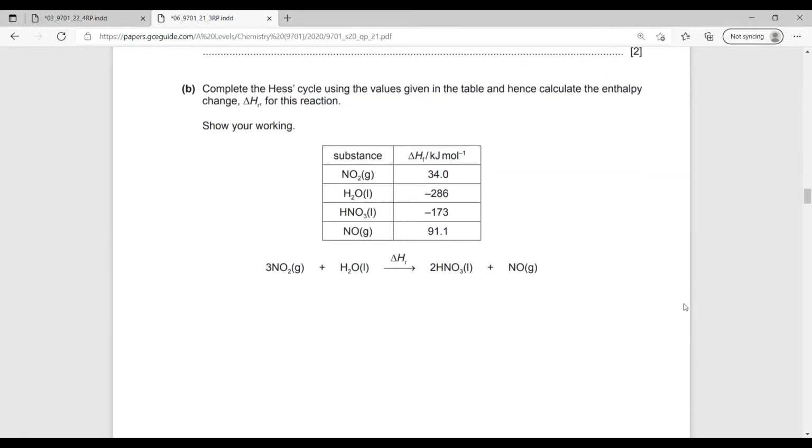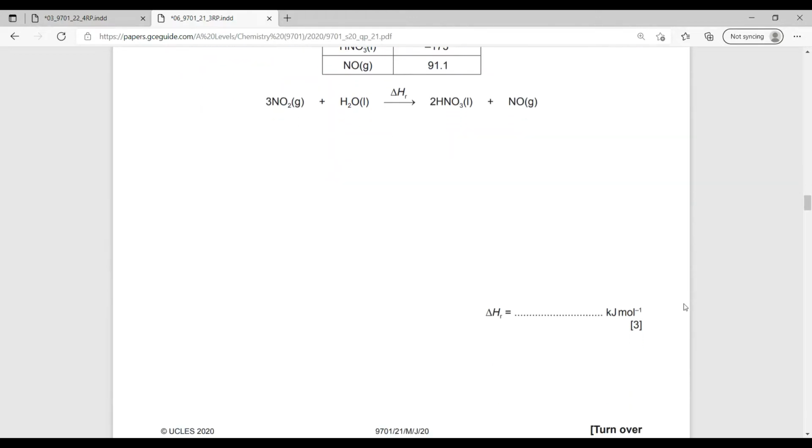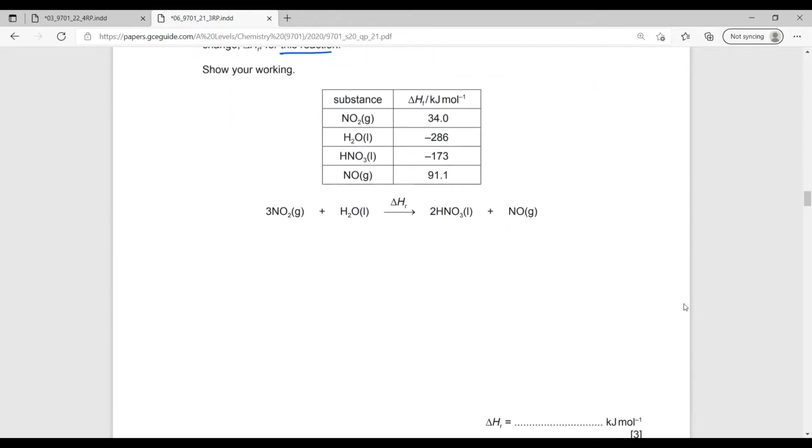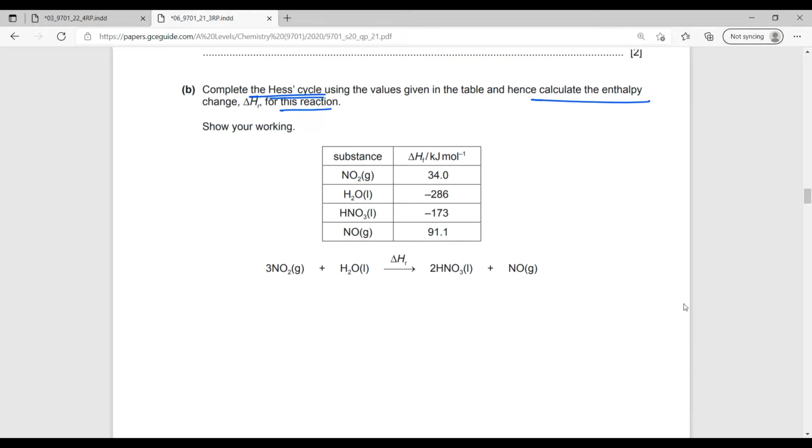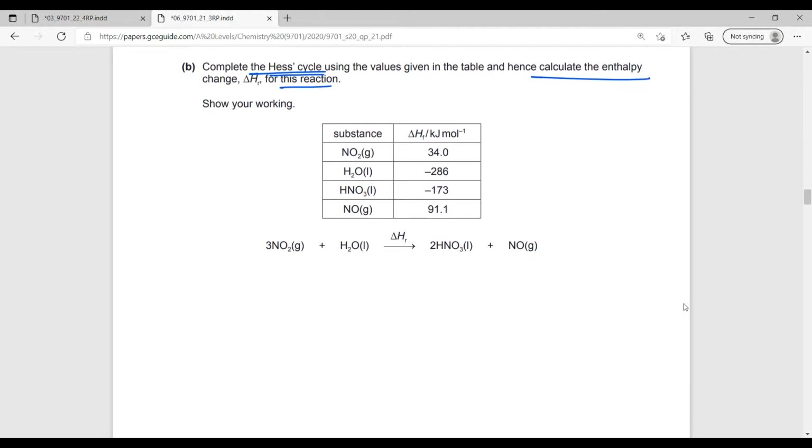Complete the Hess cycle using the given values in the table and hence calculate the enthalpy change of this reaction, right? So in this question, I believe it's 3 marks. I'm assuming they're giving 1 mark for correctly labeling the cycle, right? So this cycle, you will get marks for. So you have to balance the elemental side.